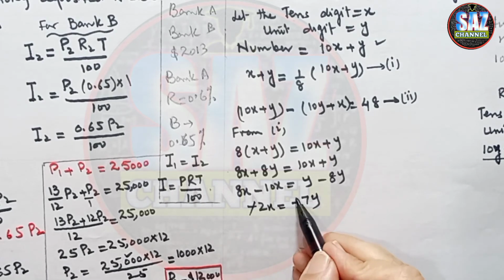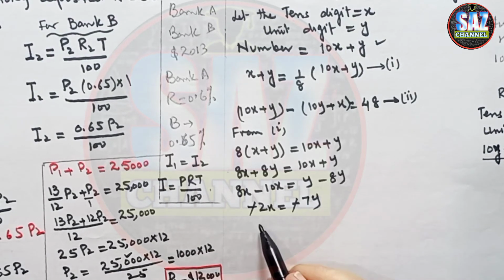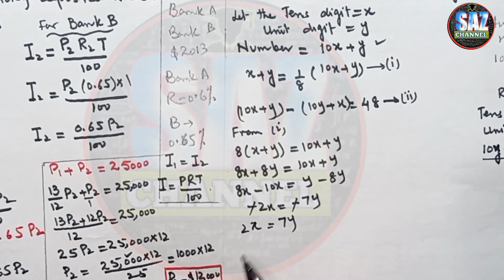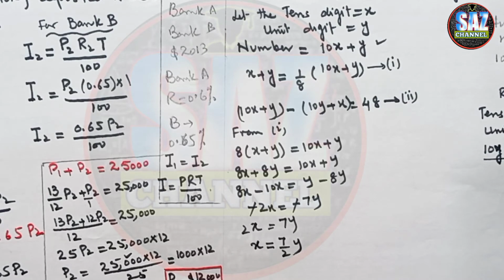The minus sign can go with this, and 2x equals 7y. I can make either x the subject of the formula or y the subject of the formula. x will be equal to 7 by 2 y. Let me box this equation, and let's quickly move to the simplification of the second equation.